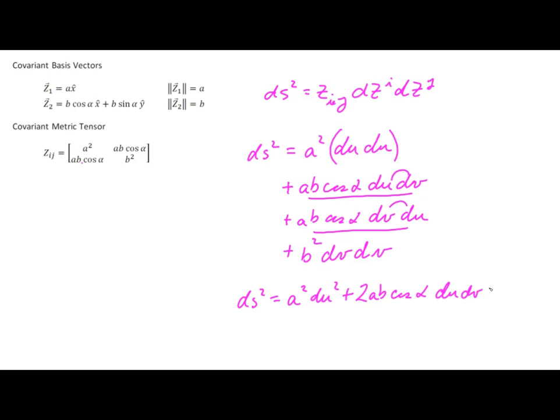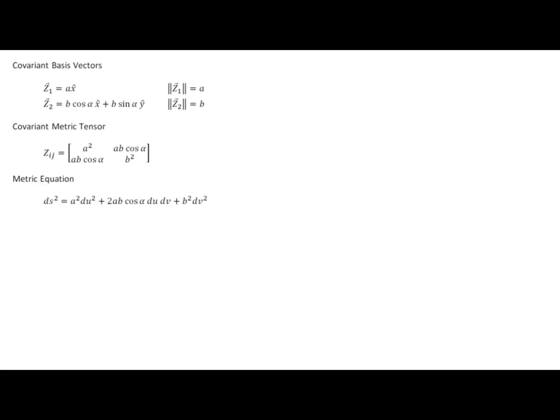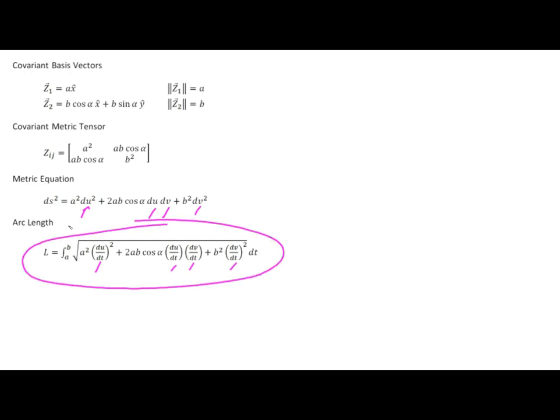And the last term is just b squared dv squared. And that then is our metric equation for affine coordinates. And the arc length is very simple. Divide each of these by dt. Each one of these gets a dt denominator. Everything goes under the radical and in the integration sign. And that's the result for affine coordinates.